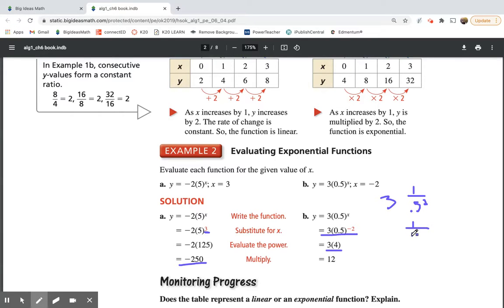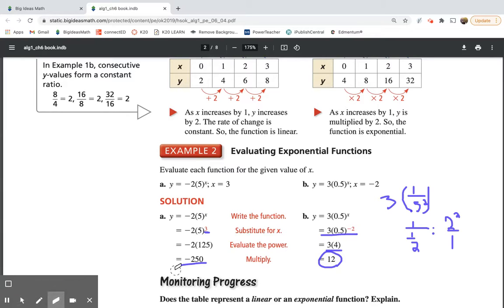So we have 1 over 2, which in itself flips to 2 over 1, but it's still raised to the second power. So 2 to the second power is 4. So then it becomes 3 times 4, which is 12. Even if you plug this in your calculator, it will show you that.